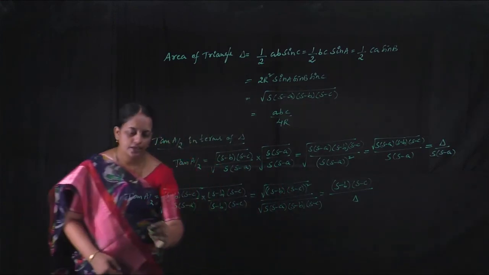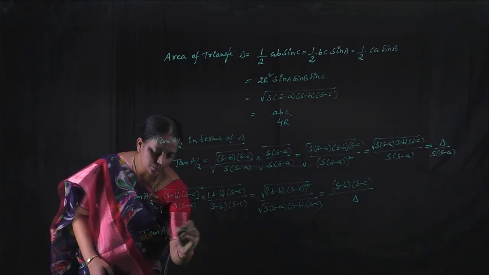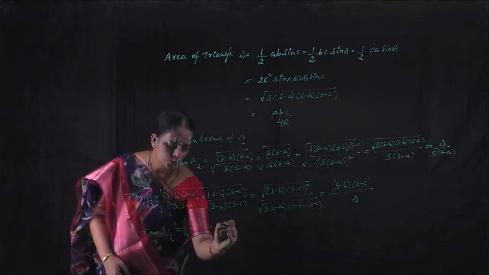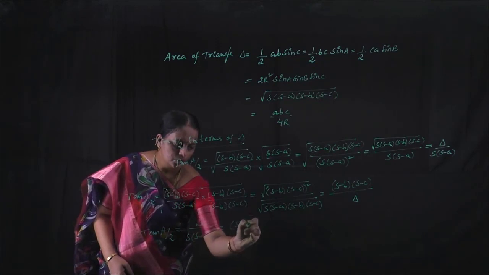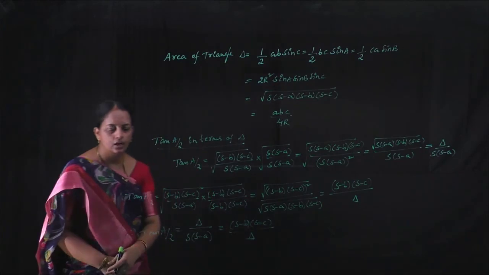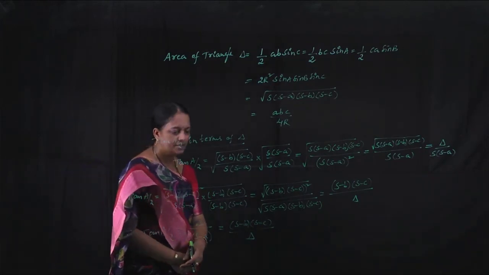Therefore, tan A by 2 is equal to delta by S into S minus A, which is also equal to S minus B into S minus C by delta. Similarly, we can write tan B by 2 and tan C by 2 also.